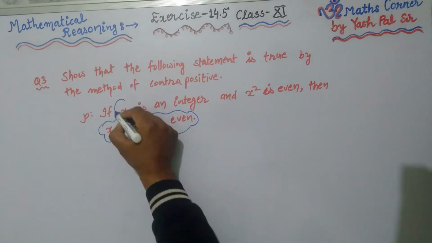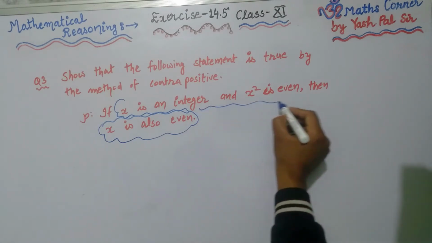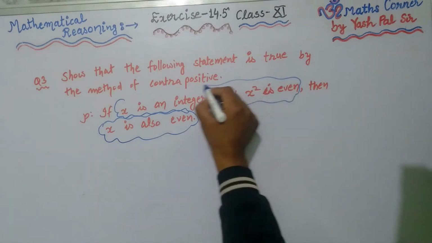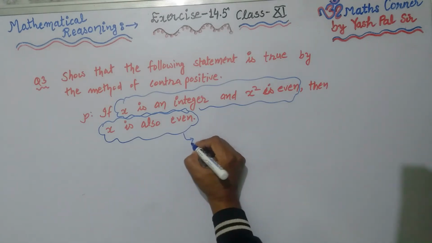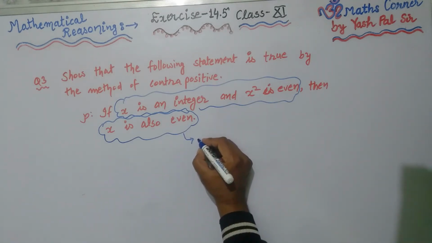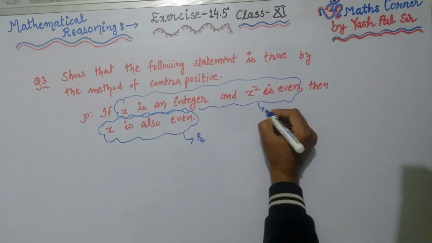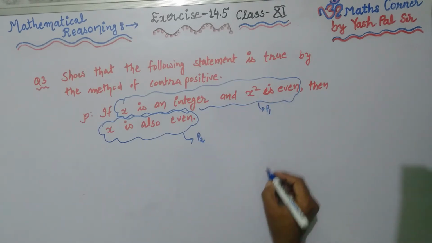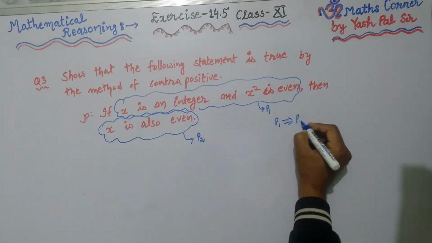And what is the first statement? This is the first component of the statement. Suppose this is p1, p2, and this is the statement p1. Okay, the question is p1 implies p2.